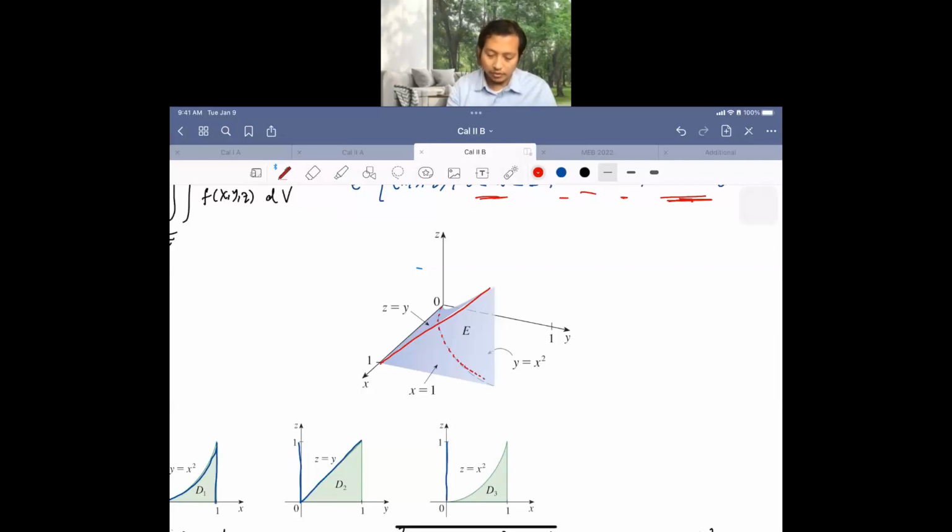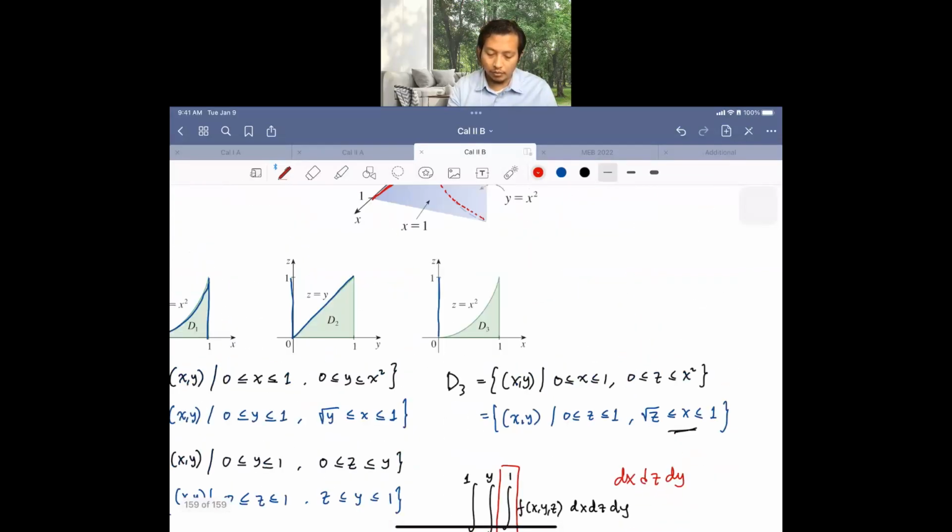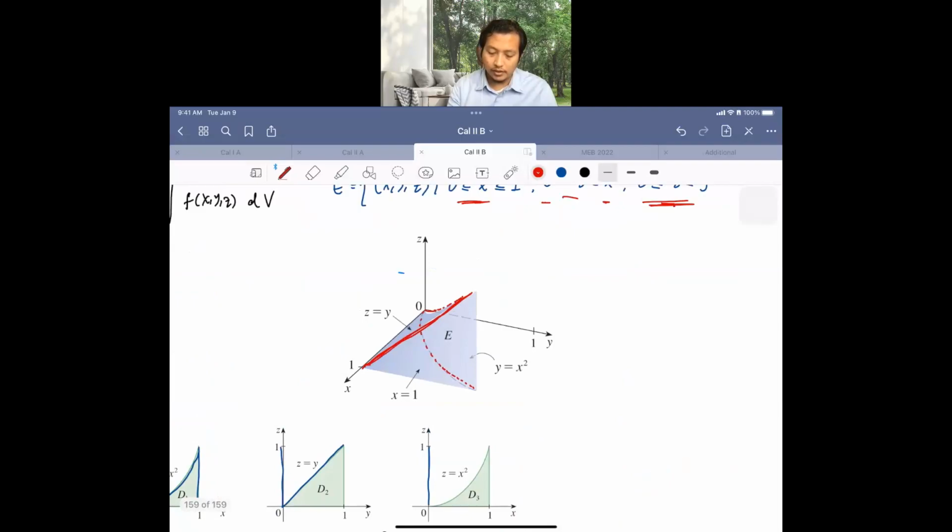But we could also look at this one. Okay. So we could say that this could be our lower surface, and this will be the upper surface. So upper, lower. Okay, we could see that.